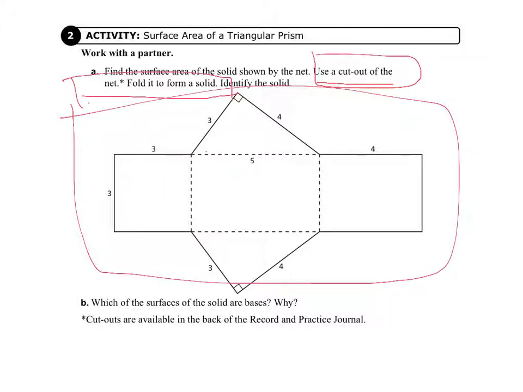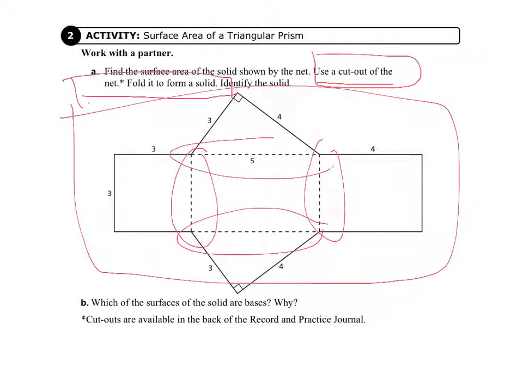So you're going to be folding along the dotted lines, and then just use a little bit of tape on the edges to connect it up so it makes a solid. And then you'll just bring it to school tomorrow and you'll complete the activity with a partner.